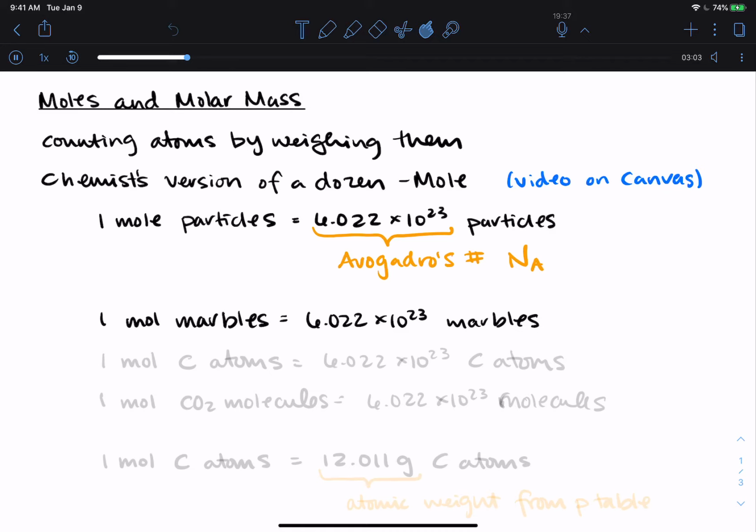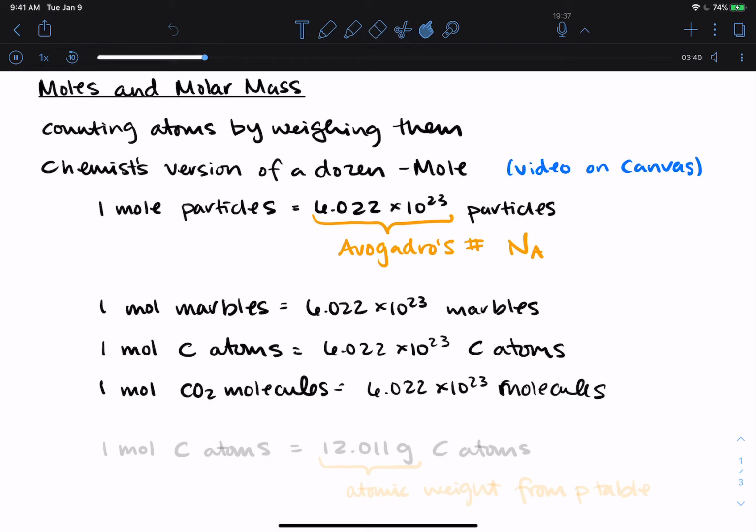If you have 1 mole of carbon atoms, that's 6.022 times 10 to the 23rd carbon atoms. If you have 1 mole of CO2 molecules, that's 6.022 times 10 to the 23rd molecules.